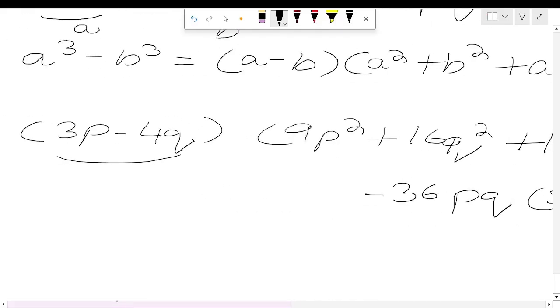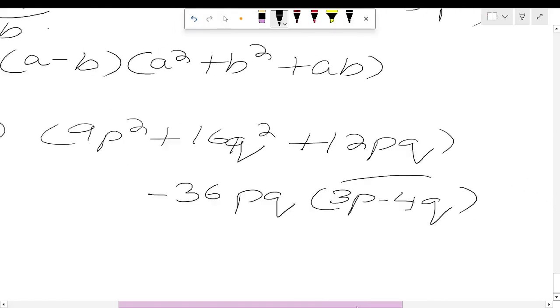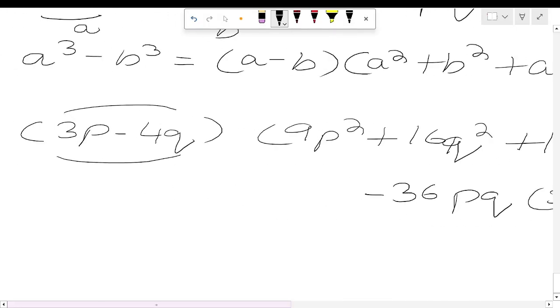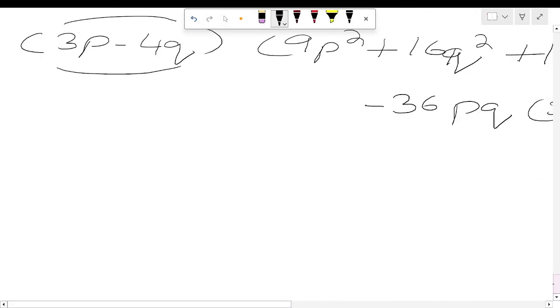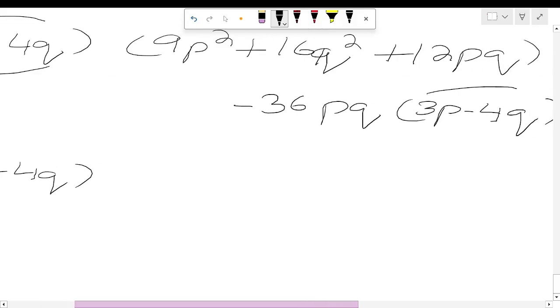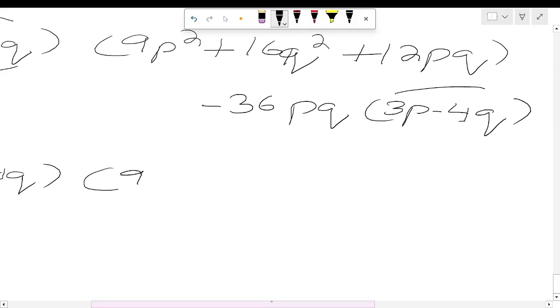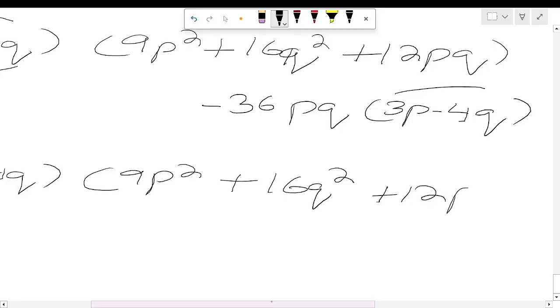So you now can see that 3p minus 4q and here 3p minus 4q are the same. So we can take that as a common element. So I'll just write 3p minus 4q. After taking it as a common element, I'll write 9p square added with 16q square added with 12pq subtracted from 36pq.